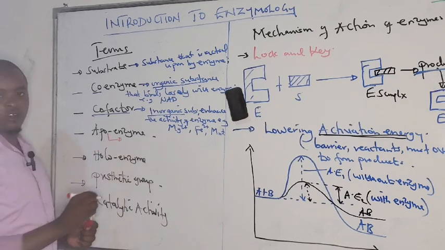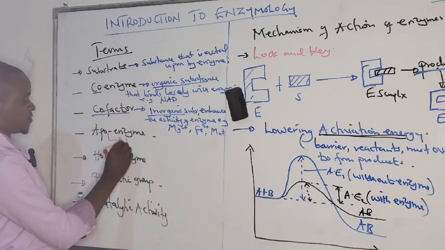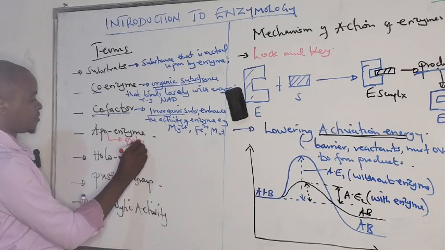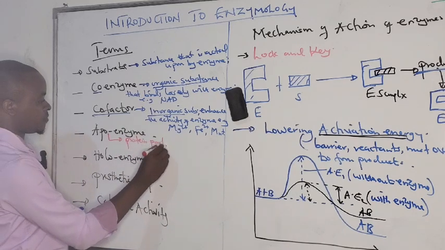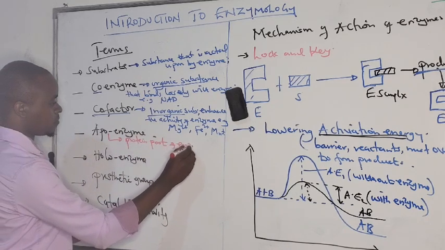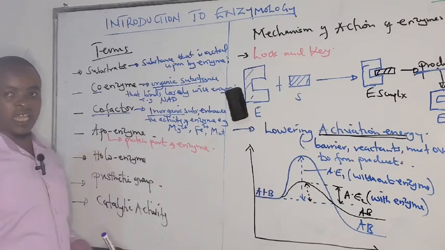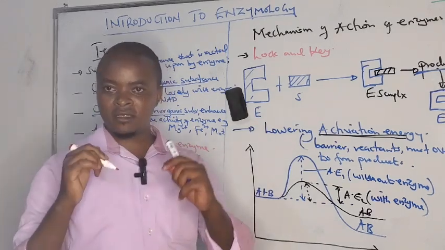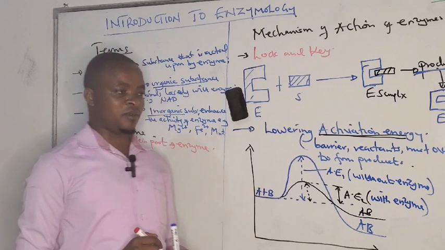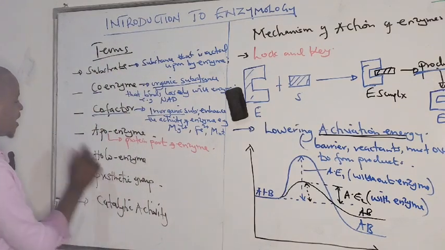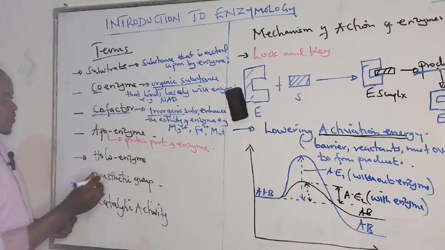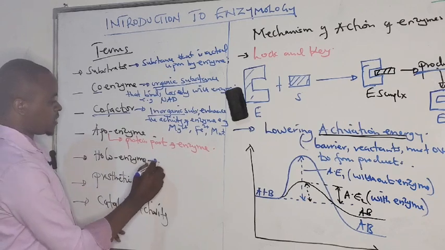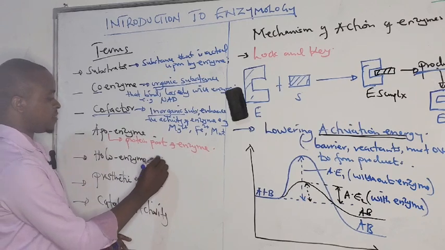Apoenzyme, for it is the protein part of the enzyme. An apoenzyme is a protein part of the enzyme. Then a holoenzyme, for it is a catalytically active enzyme.